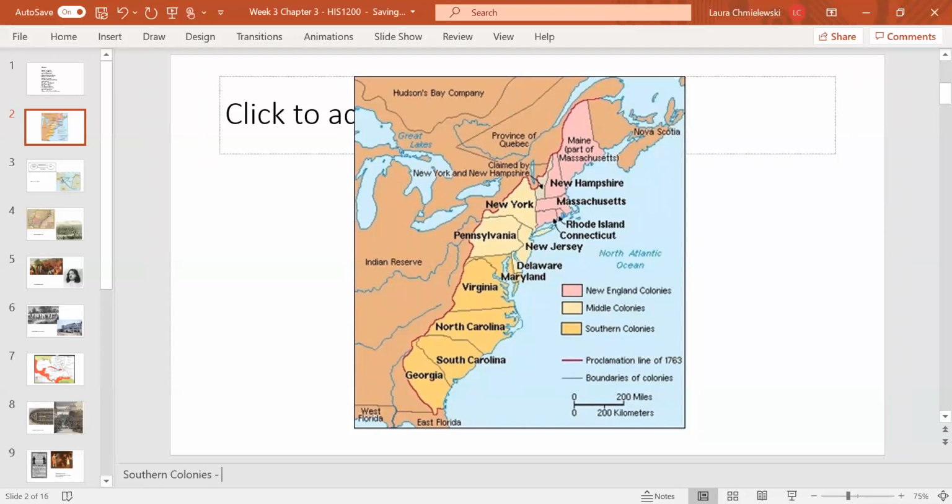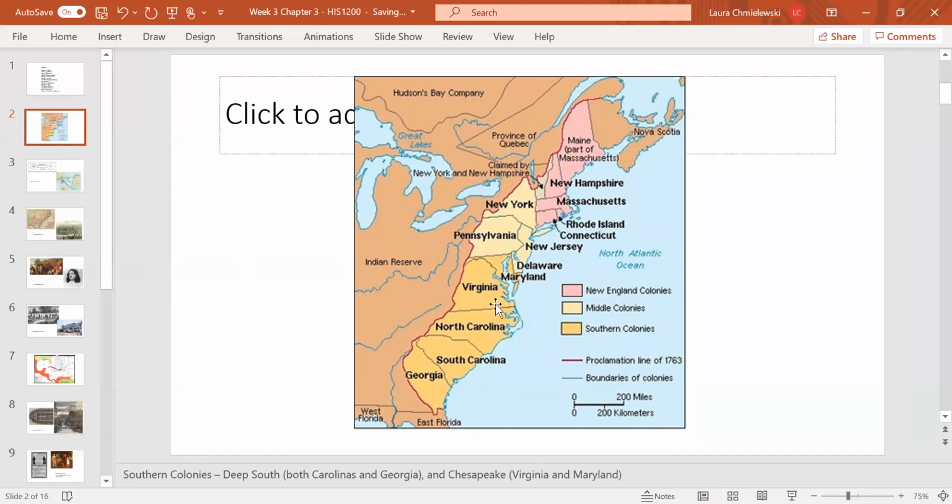So they would be the Deep South, which consists of both Carolinas and eventually Georgia, and the Chesapeake, which is Virginia and Maryland.